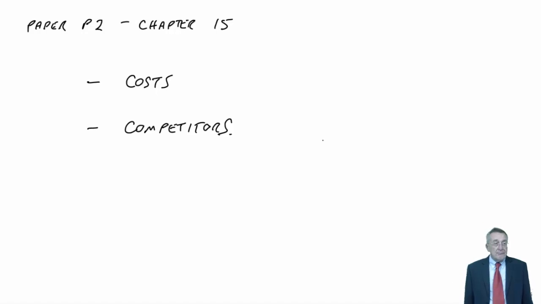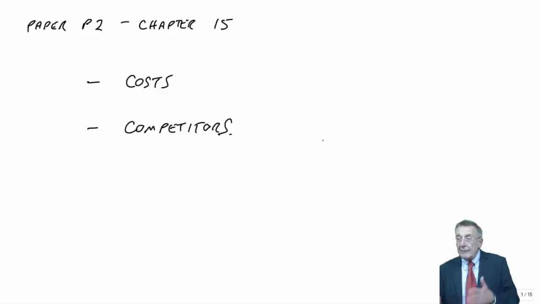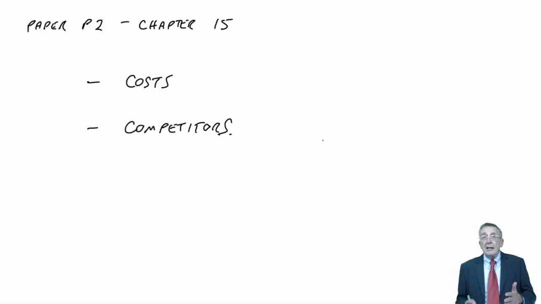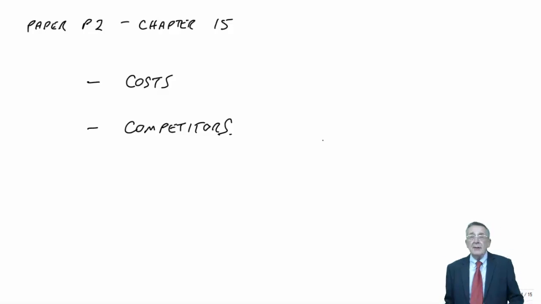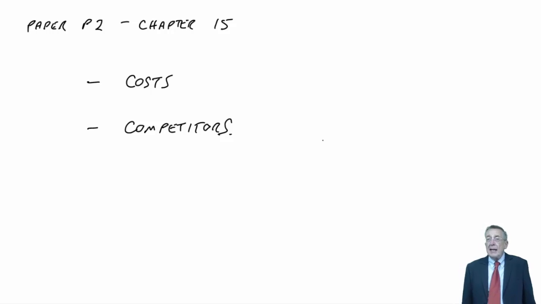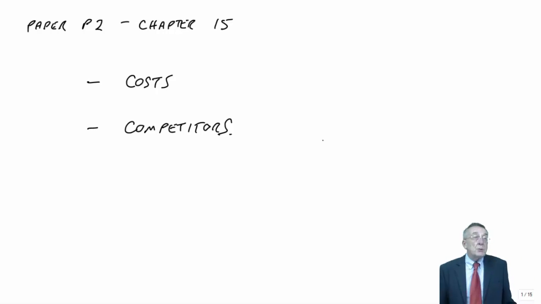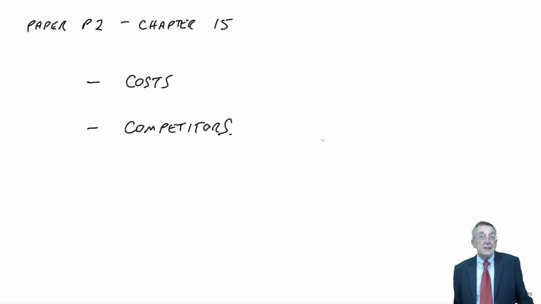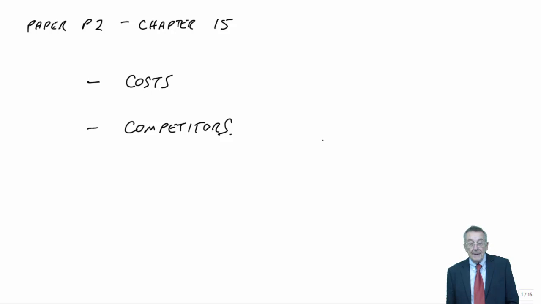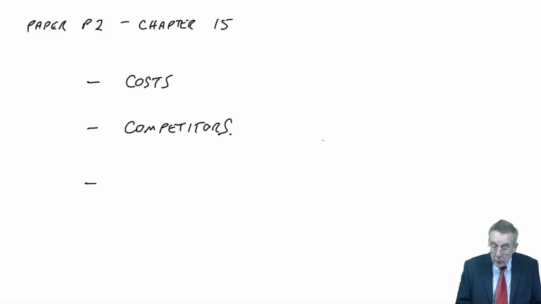If we have competition, then if we're selling at a price higher than our competitors, clearly there's going to be problems unless we can convince people that our product is better than the competitors. And thirdly, we need to consider customers.